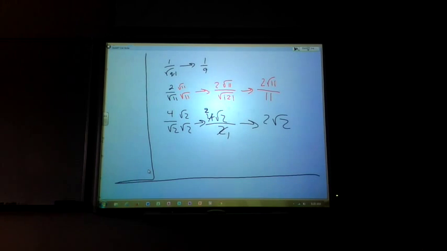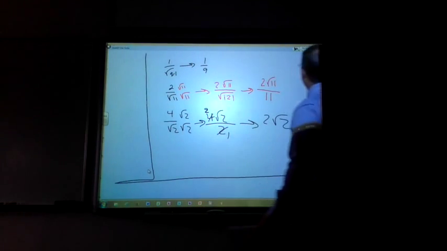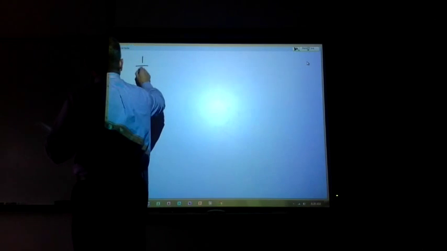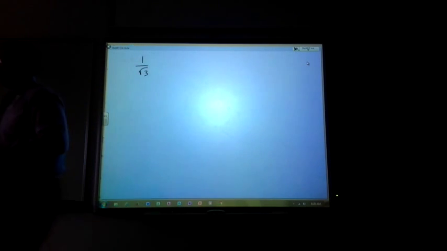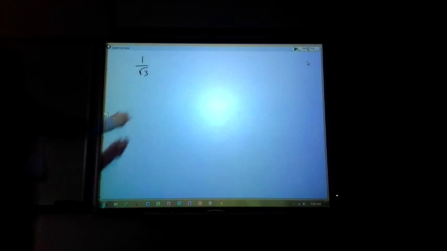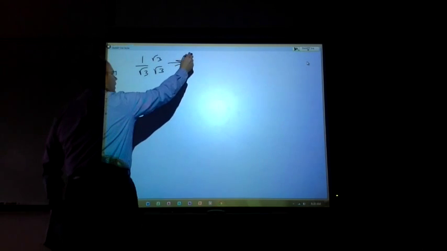Number 10, I get 1 over root 3. Root 3 is not a perfect square. What do I multiply top and bottom by? Root 3, root 3. So I get 1 root 3.